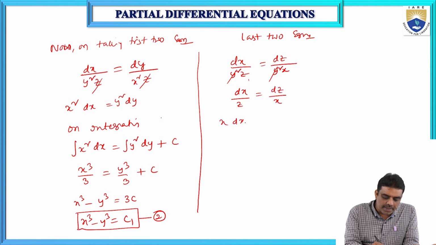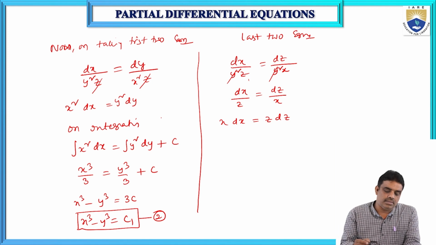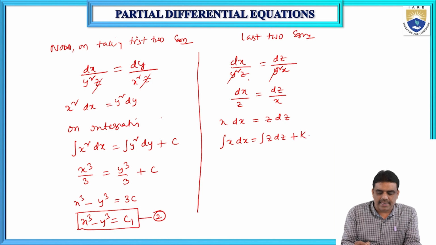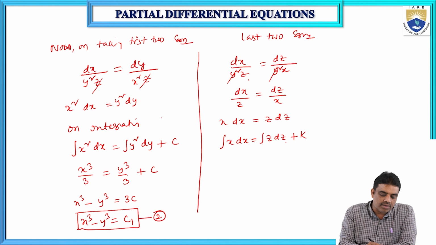Or on cross multiplying, x dx is equal to z dz, because of the variable separable. You can write x terms on the dx side and z terms on the dz side. And on integrating both sides, integral x dx is equal to integral z dz plus k. Here I have taken the constant c, here I am taking the integrating constant k.